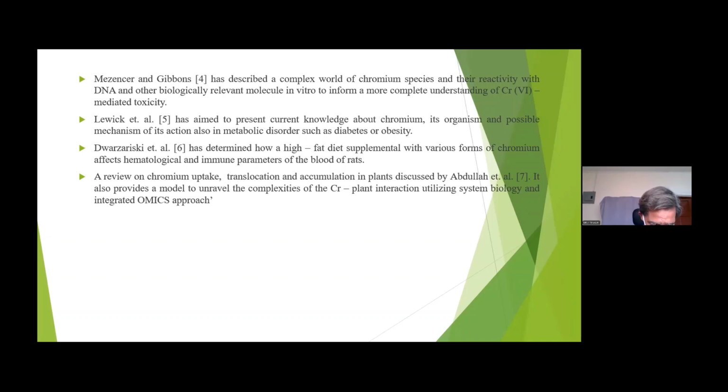Levick et al., reference number 5, aimed to present current knowledge about chromium, its effects on the organism, and possible mechanisms of action, also in metabolic disorders such as diabetes or obesity. Krajewski et al., reference number 6, determined how a high-fat diet supplemented with various forms of chromium affects hematological and immune parameters of the blood of rats.